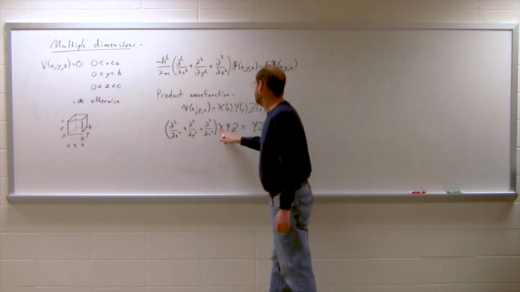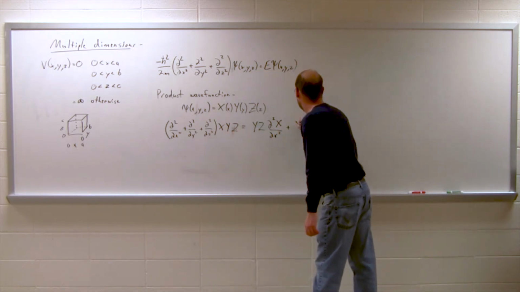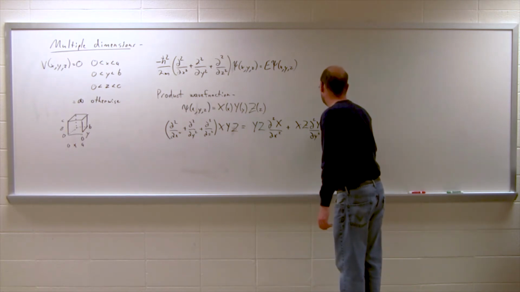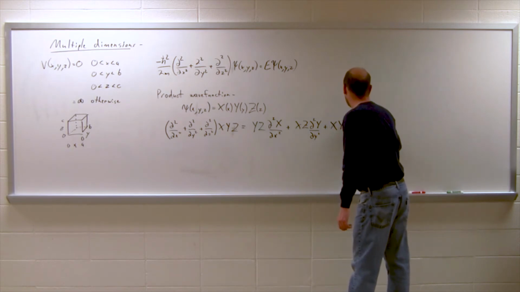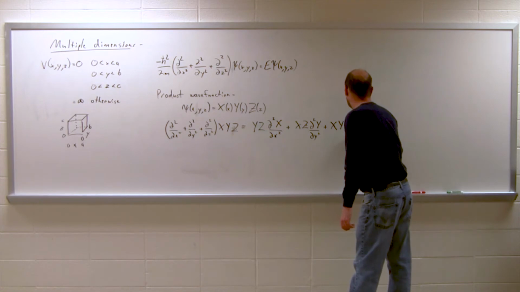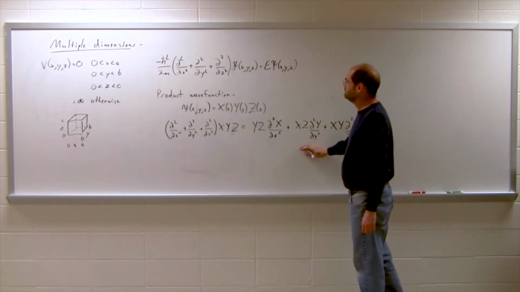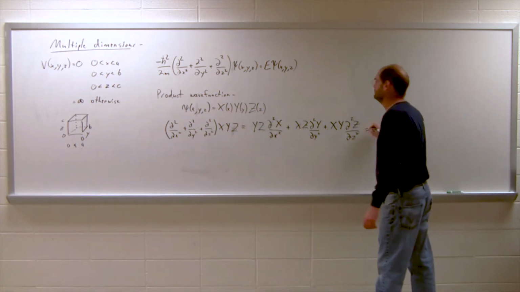The second derivative of Y: the x operator will go through, act on Y, doesn't care about Z. So X Z times the second derivative of Y with respect to y, and of course the last one, plus function X, function Y, the second derivative of the function Z with respect to z squared. I end up with this.